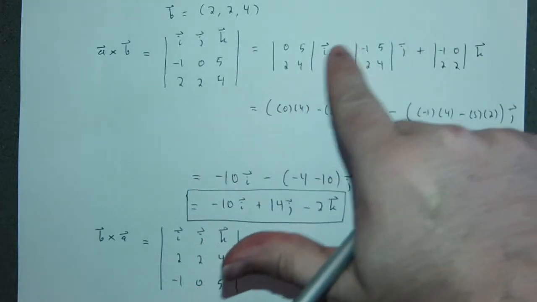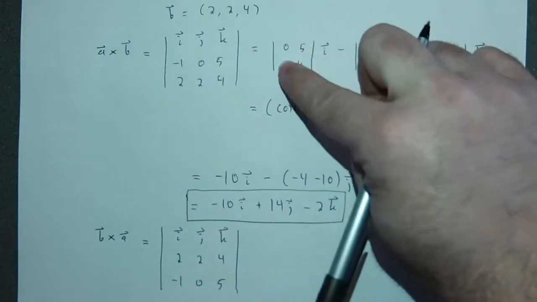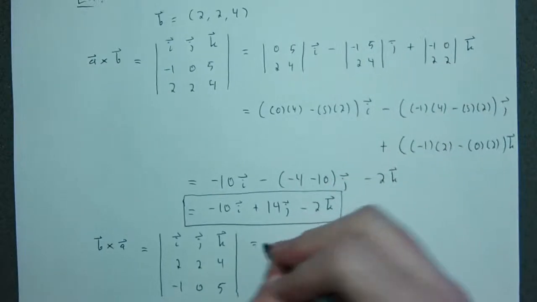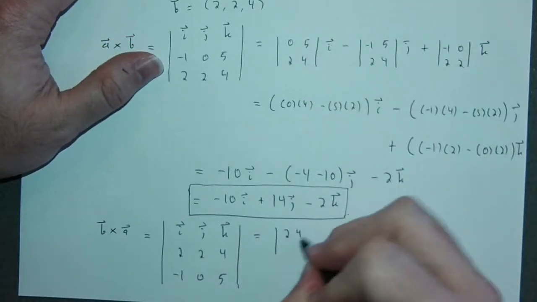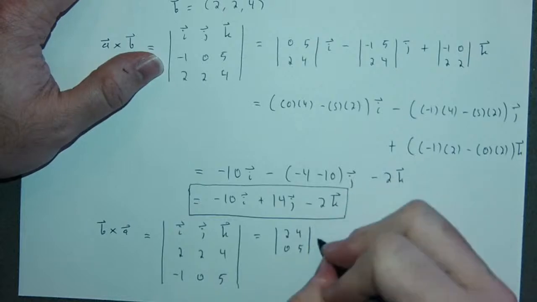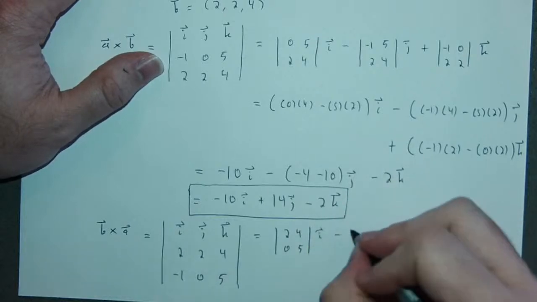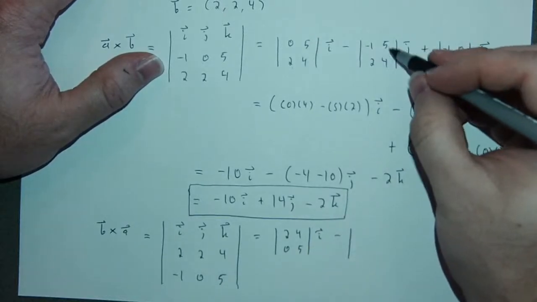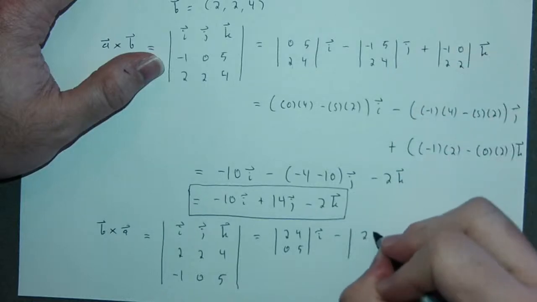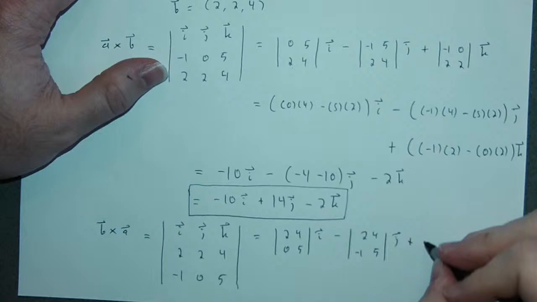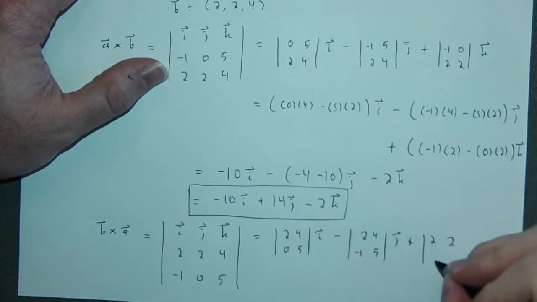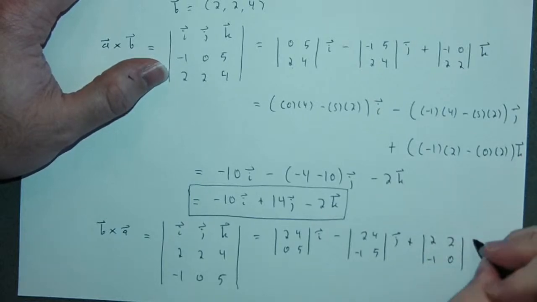In each case, instead of having 0, 5, 2, 4, I have 2, 4, 0, 5 times i. And in the next slot, instead of -1, 5, 2, 4, I have 2, 4, -1, 5 times j. Plus, again, I would have 2, 2, -1, 0 times k.